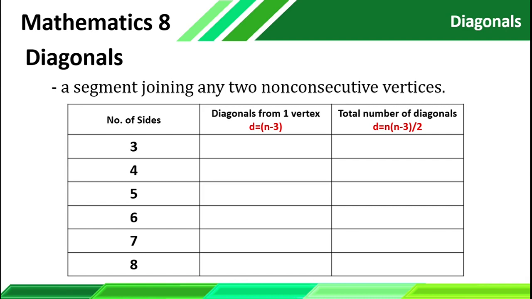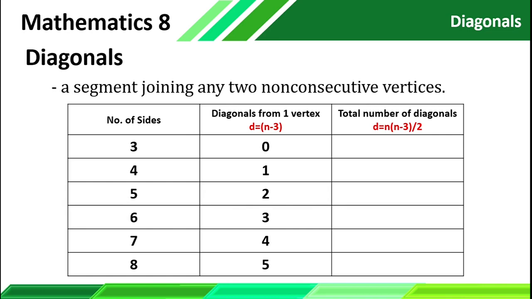To find the diagonals from one vertex, we have the formula n minus 3. For example, if we have a three-sided polygon, 3 minus 3 is 0. If we have a four-sided polygon, 4 minus 3 is 1. Therefore, in a quadrilateral, there is one diagonal, and so on.